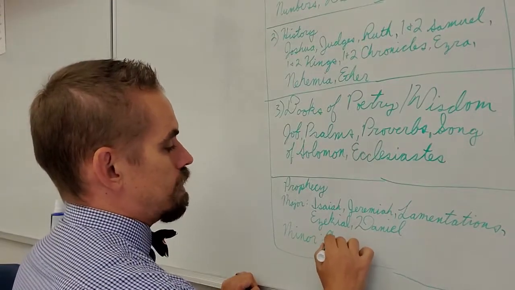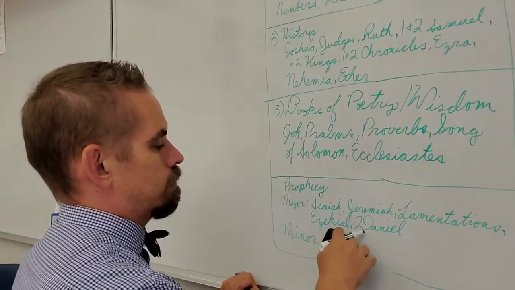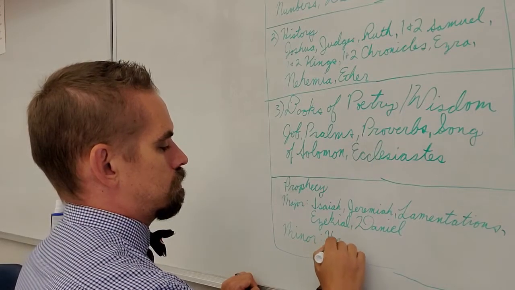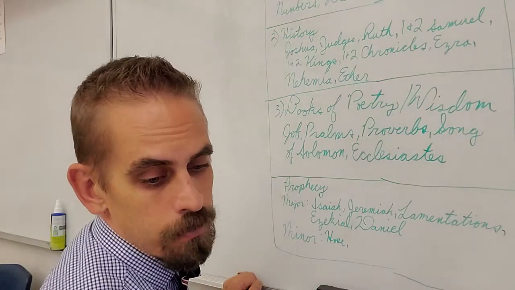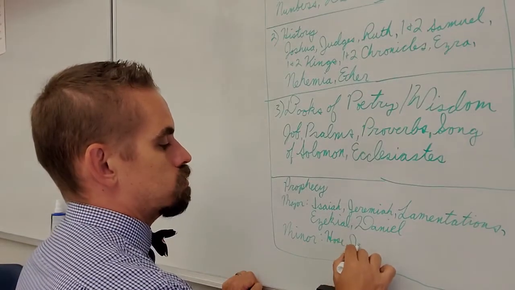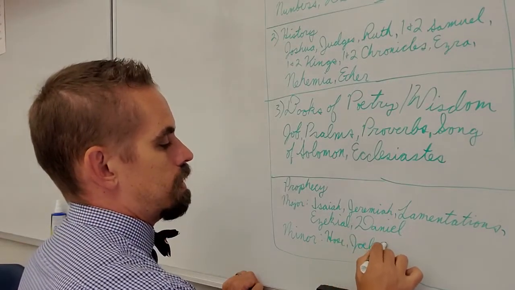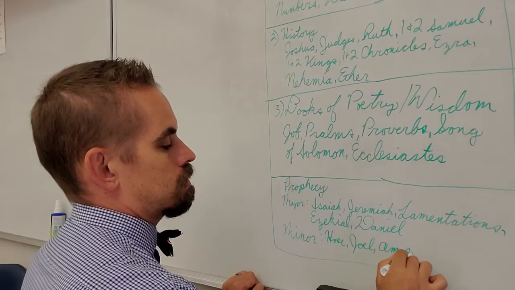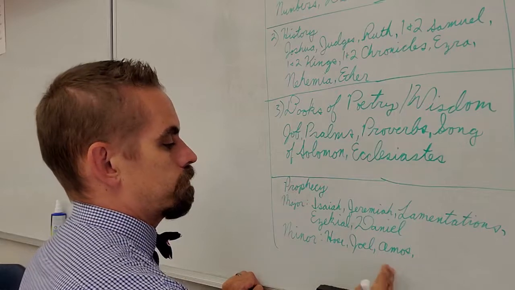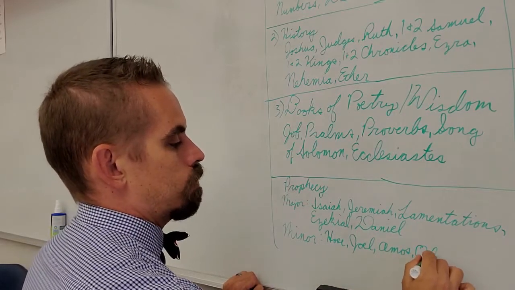So there's Hosea. Let me get these right. Joel, Amos. So that's two. Then we've got Obadiah.